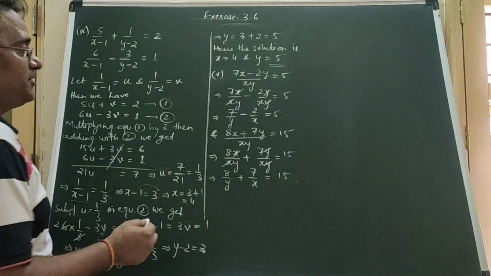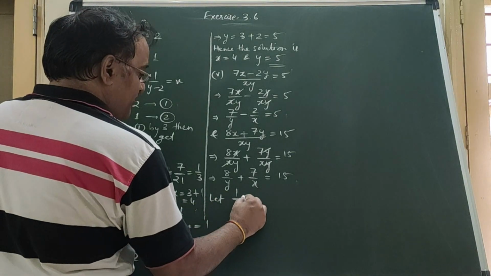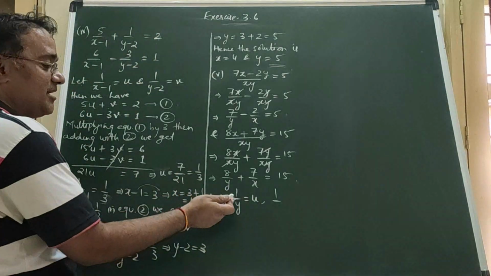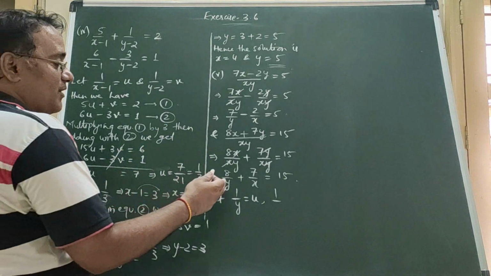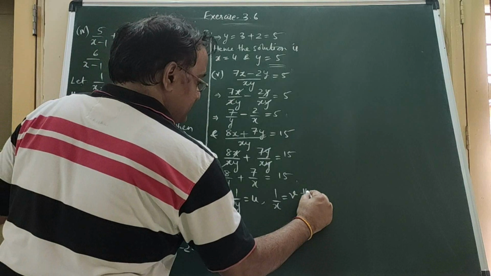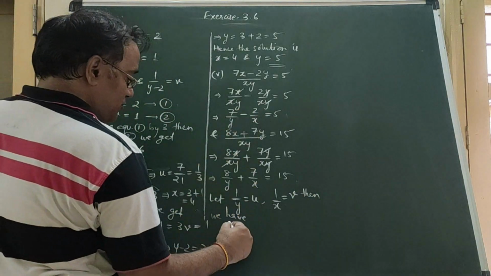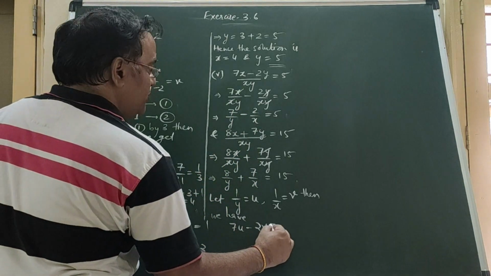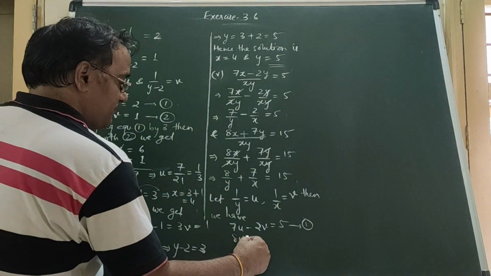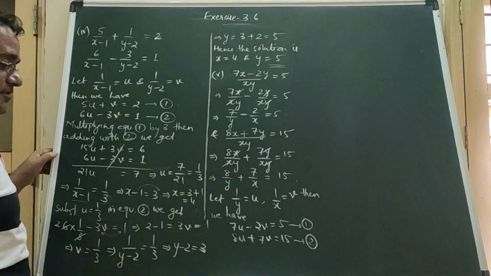Okay, now what we will do, we will take 1 upon y u. अभी यहाँ पर y का टर्म पहले लिखा हुआ है, इसलिए मैं 1 upon y को u ले रहा हूँ और 1 upon x को v ले रहा हूँ. So then we have, this will become 7u minus 2v is equals to 5, first equation, and this will become 8u plus 7v is equals to 15, second equation.